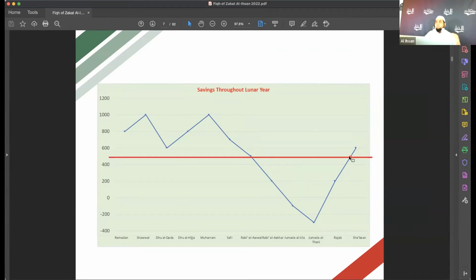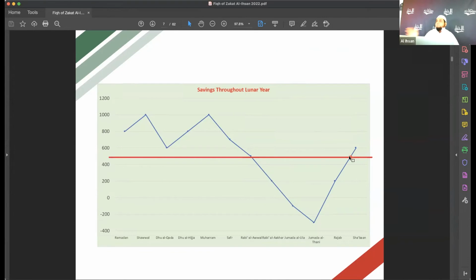So that's the condition for the two ends of the year. You start with nisab, you end with nisab, and in the middle, you don't go into debt. If that happens, then once the year is completed, whatever amount you have at the end, you will pay zakat on. And in following years, if that continues, you don't go into debt, you don't go bankrupt, you will pay zakat on the full amount of wealth next year.